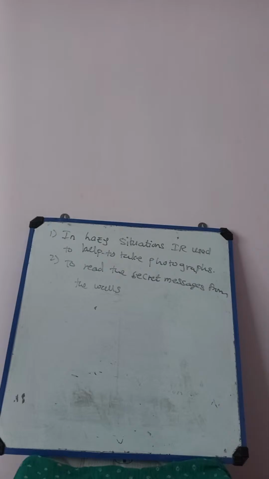Second, for aircraft navigation. I'll repeat this question. Which constitute radiation of the electromagnetic spectrum is used? First, to photograph internal parts of the human body. Second, for aircraft navigation.